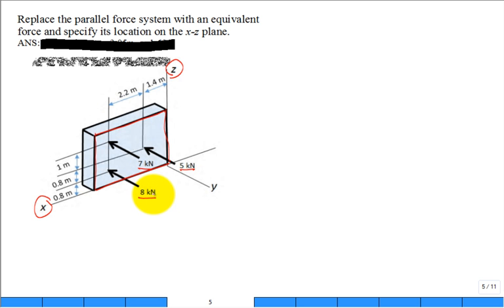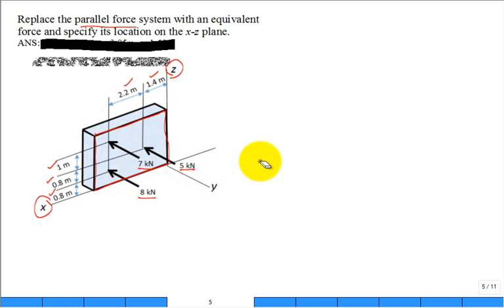They give you the locations by these distances where they're applied on that face. And it's a parallel force system, true. So they're not going to induce any moment around the y-axis, but they do make this blue shaded object want to rotate around the x and create a tendency to rotate around the z-axis.